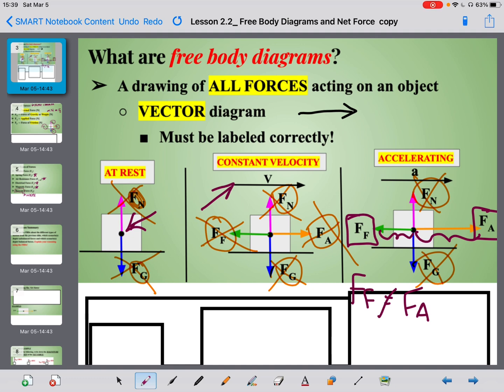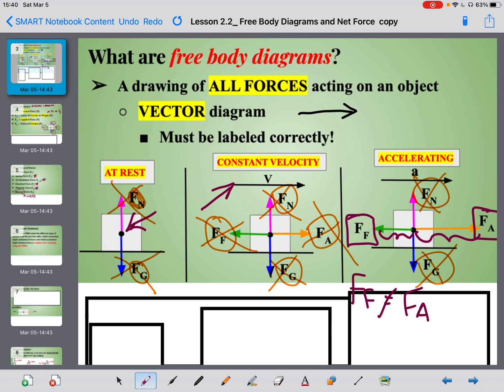So at rest and constant velocity, balanced forces are being depicted on the free body diagrams because every single force is the same length in its specific direction. My vertical forces cancel out. My horizontal forces cancel out. Whereas in acceleration, only the vertical forces cancel out, but the horizontal forces, the frictional force and the force applied, are unable to cancel out. Therefore, that is considered an unbalanced force.